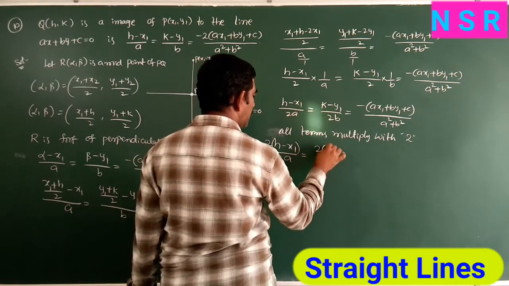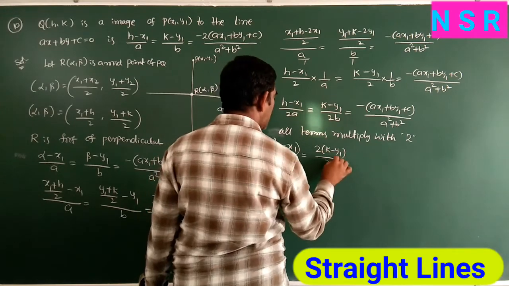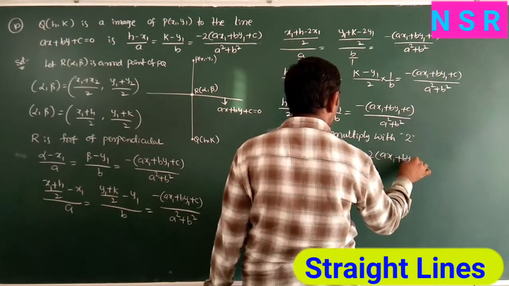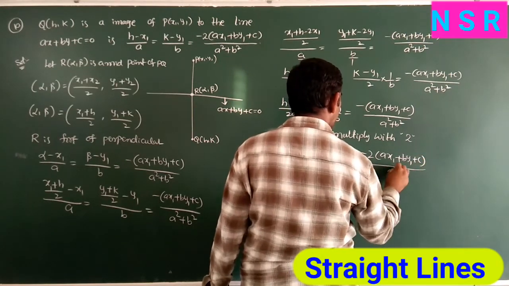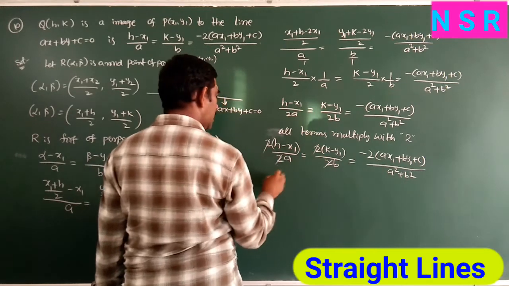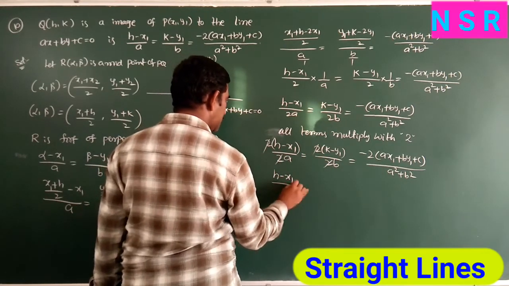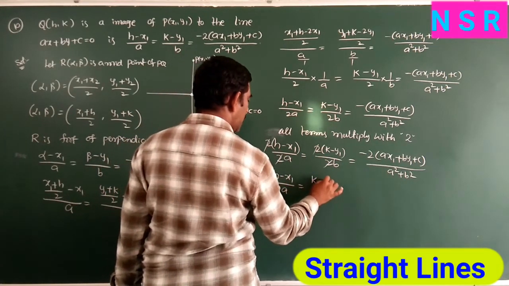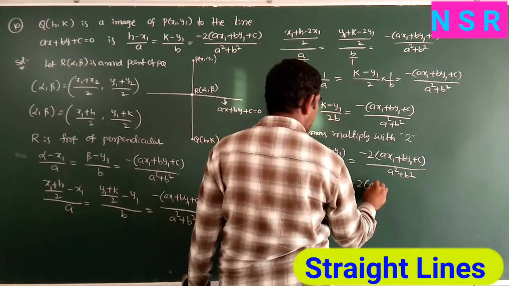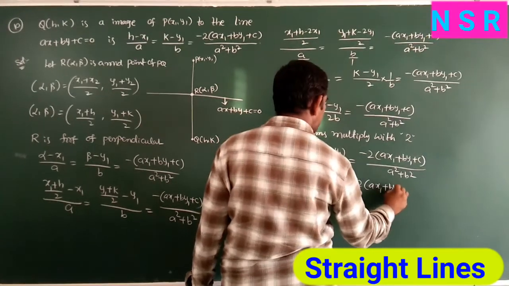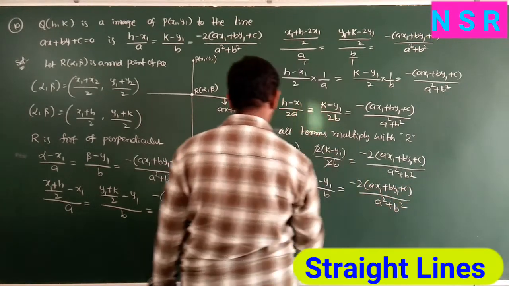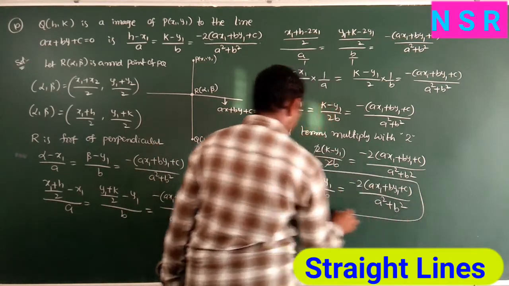And here 2 into k minus y1 by 2b, minus 2 into ax1 plus by1 plus c by a square plus b square. Now here the 2 gets cancelled, we get h minus x1 by a equal to k minus y1 by b is equal to minus 2 into ax1 plus by1 plus c by a square plus b square. So this is the formula of the image.